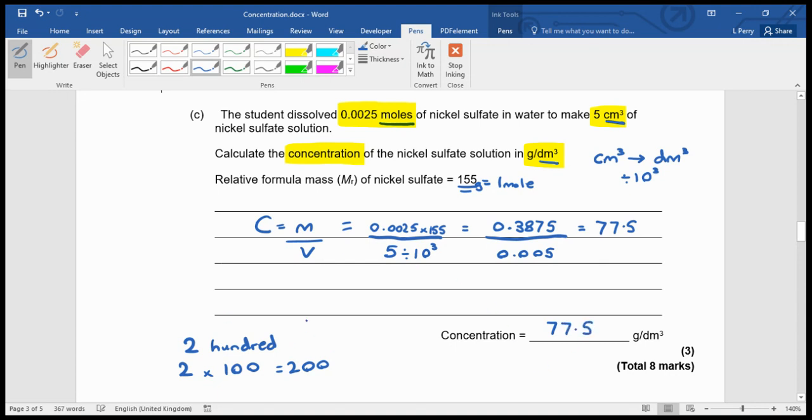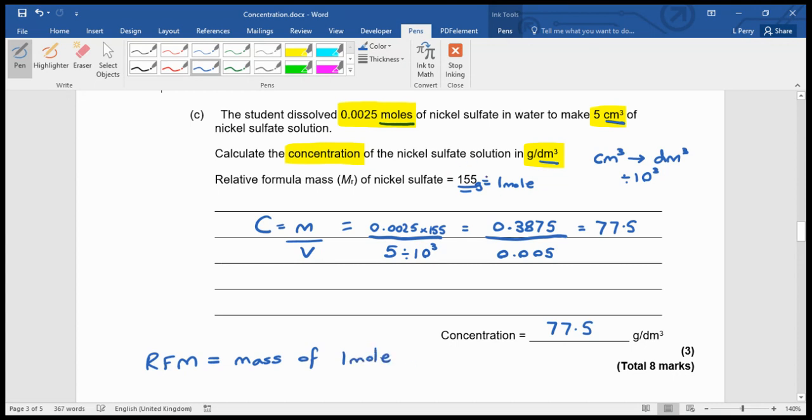Now I explained that moles bit quite quickly, but just to go over it again, the mass number that I'm given, the relative formula mass, is the mass of 1 mole.